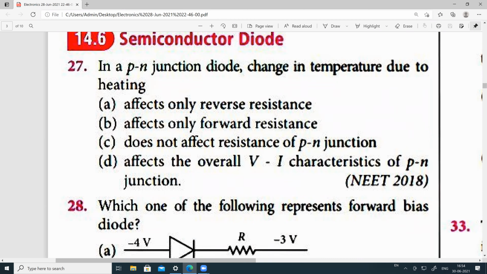Due to heating, the number of electron hole pairs will increase. So the overall resistance of the diode will change, due to which forward biasing and reverse biasing both are changed. Therefore, for 27th one, D1 is the right answer.